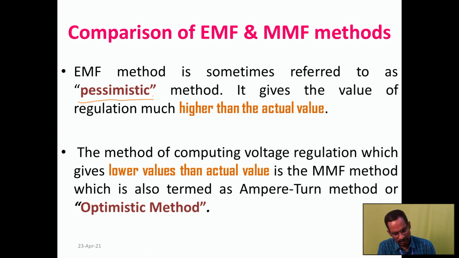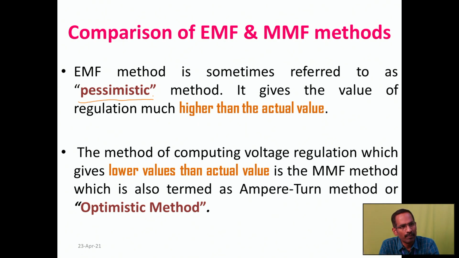We know optimistic thinking, pessimistic thinking. Pessimistic thinking means having more negative thoughts. Like that we will feel. So here the EMF method gives the regulation value which is higher than the actual value. So the EMF method is giving pessimistic information about our machine.